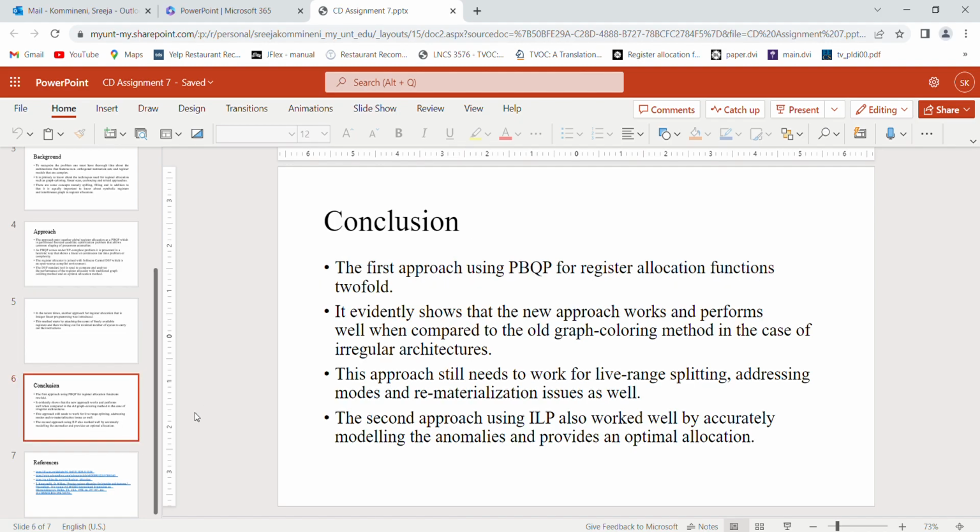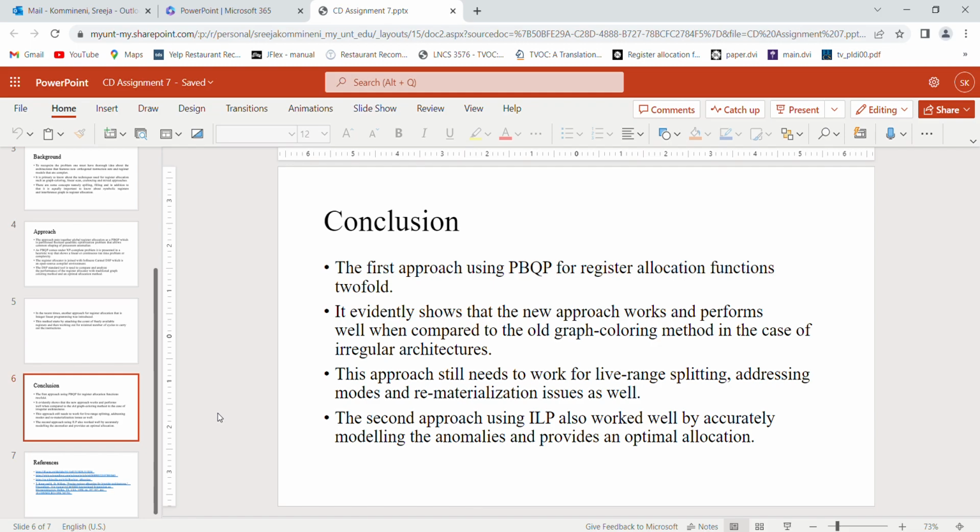Next, coming to the conclusion, the first approach performs better than a traditional graph coloring approach for irregular architectures. It works twofold: it is a unified approach for irregular architectures, and it is also highly adaptable, or highly adjustable, for irregular architectures.